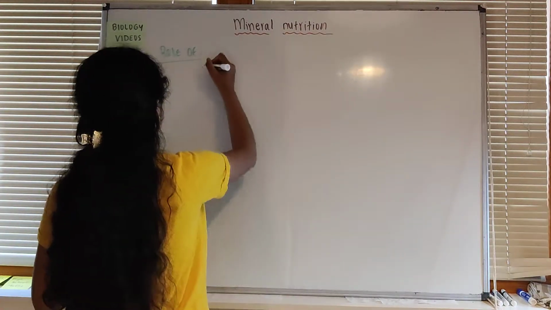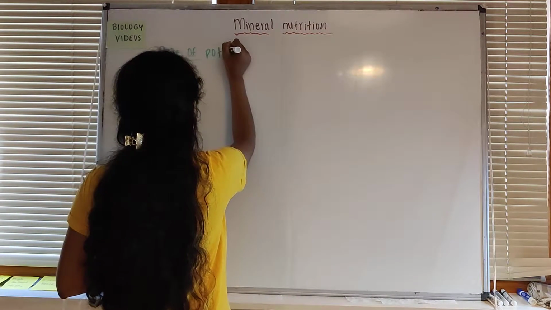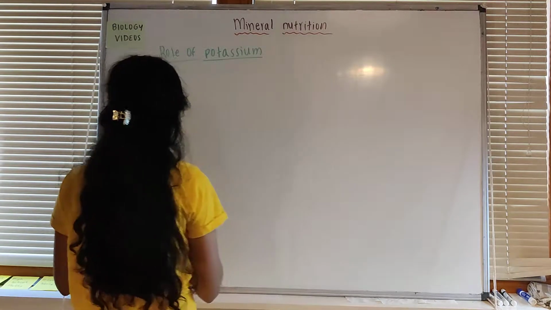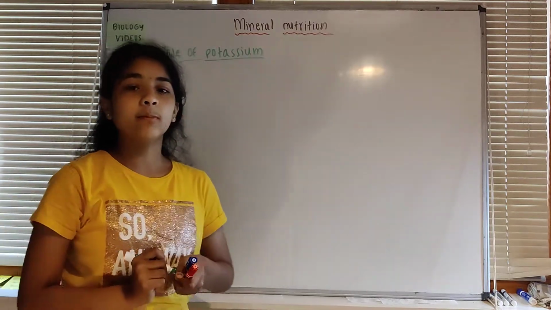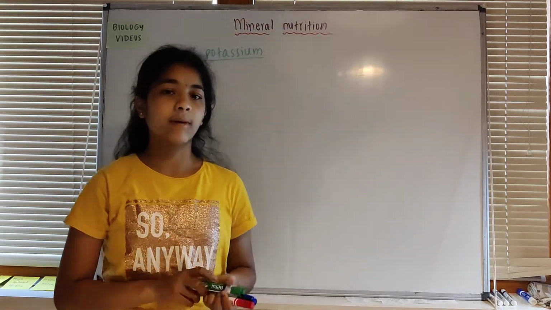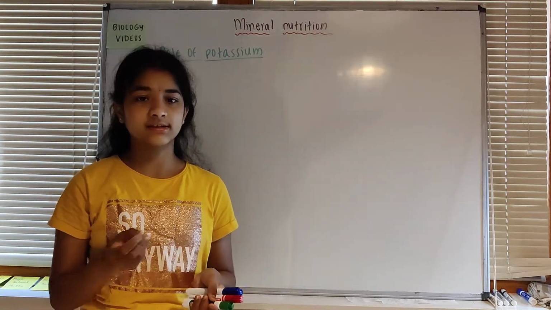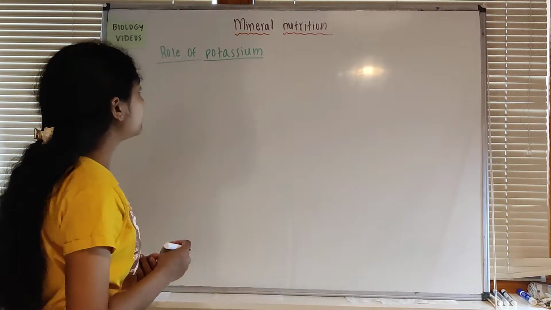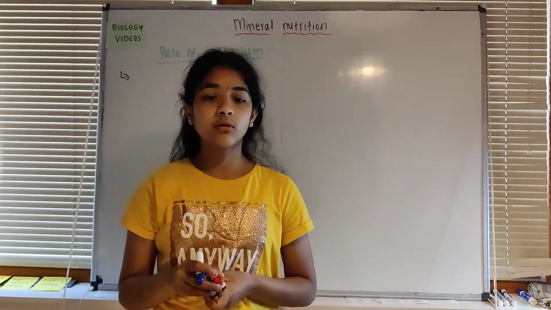Role of potassium. Potassium is another macronutrient, a very important essential element. Macronutrients and micronutrients are essential elements that we discussed in the introduction of this chapter video. Now we will talk about the role of potassium.